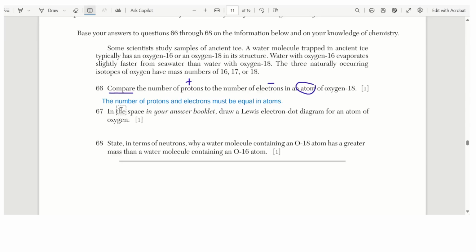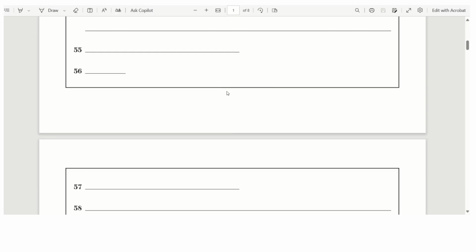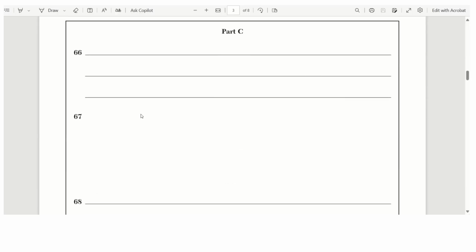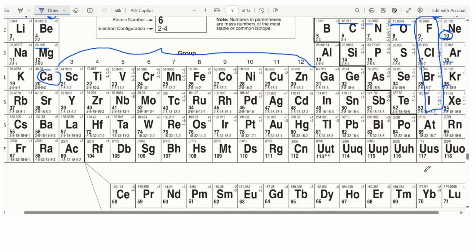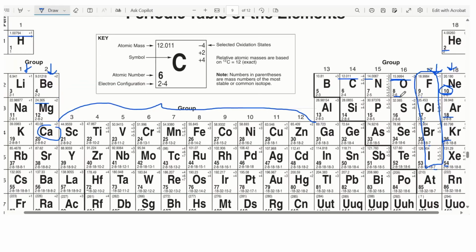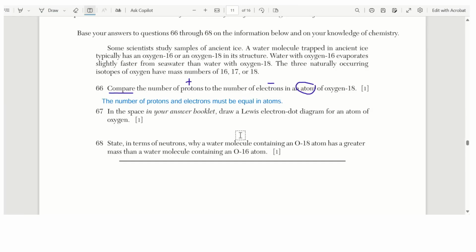67. In the space in your answer booklet, draw a Lewis dot diagram for an atom of oxygen. So just as a reminder for 67, this is what it's going to look like, a big space. Oxygen, if you don't remember, let's look it up on the periodic table, has 6 valence electrons. That is what I need to show on the Lewis dot diagram, right?